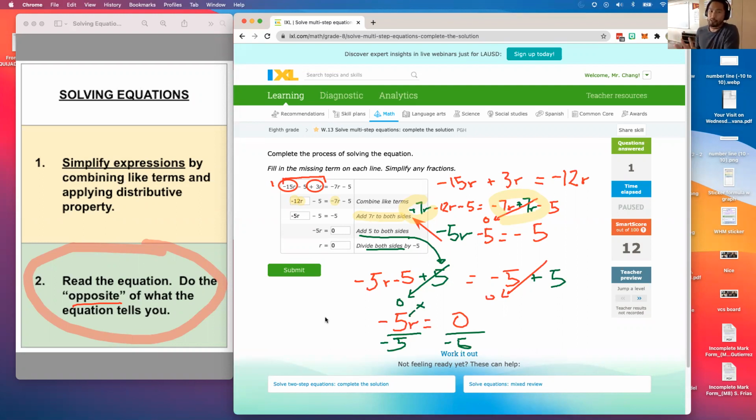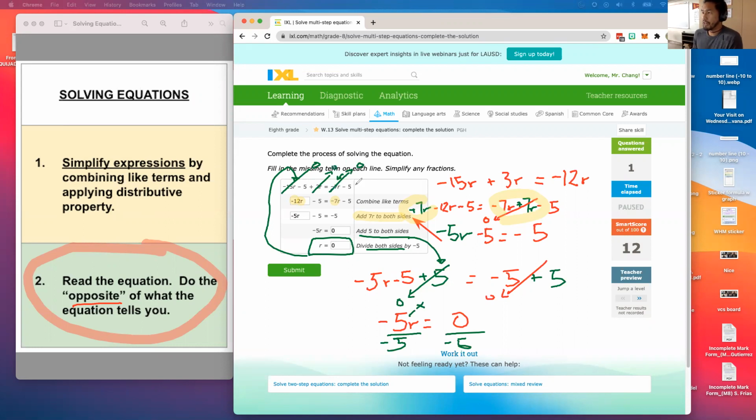And how do we know that this is right? Before I hit the submit button, what can I do to check this? Well, if I go back up to the original equation and I substitute this 0, r equals 0, back into all the r's I see up here, then I get negative 15 times 0 is 0, minus 5 plus 3 times 0, which is just 0, equals negative 7 times r, and r is 0, so that's just 0.